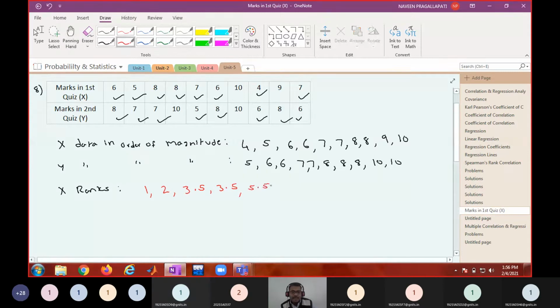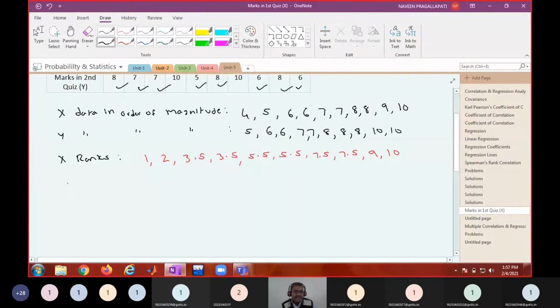Now you start with seventh. Seventh and eighth positions are the same; the average is 7.5 and 7.5. What is the next one? Ninth and tenth positions. Is that okay?